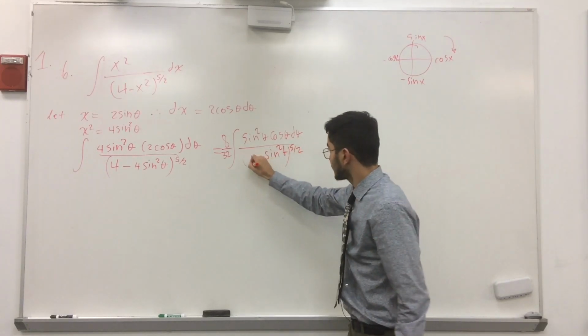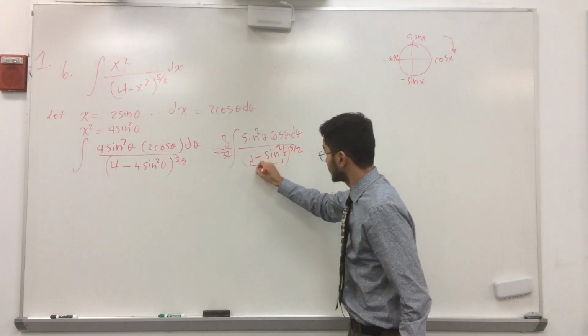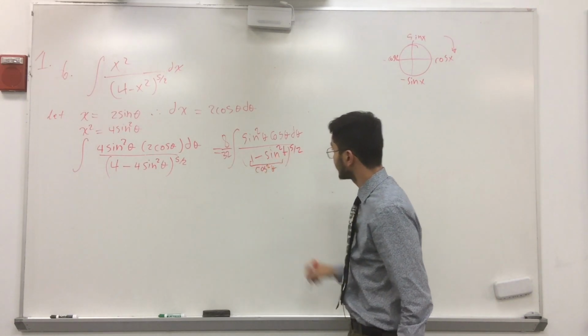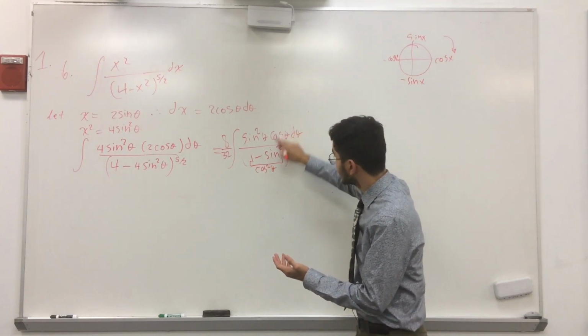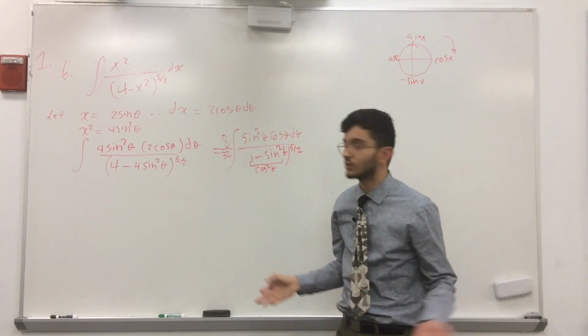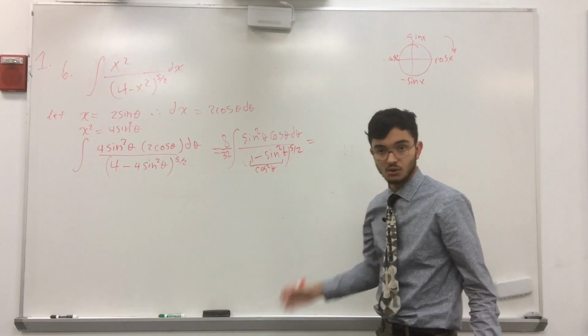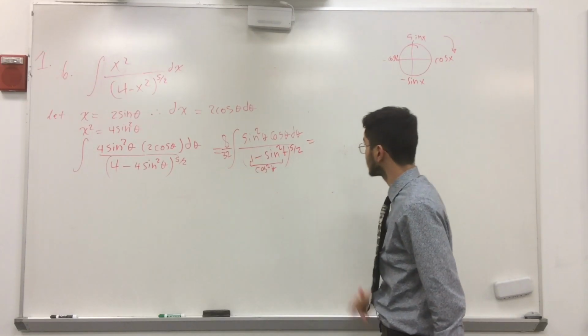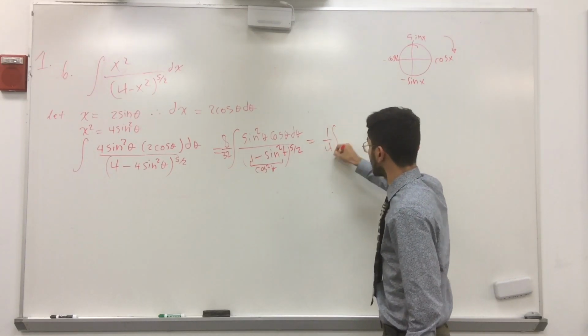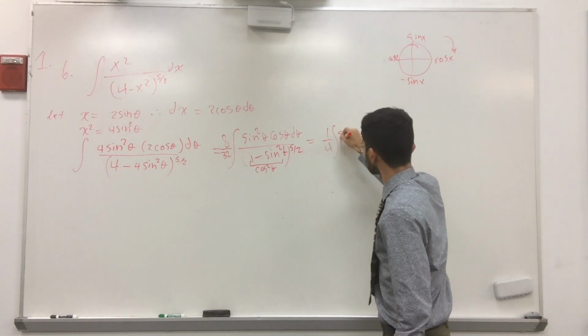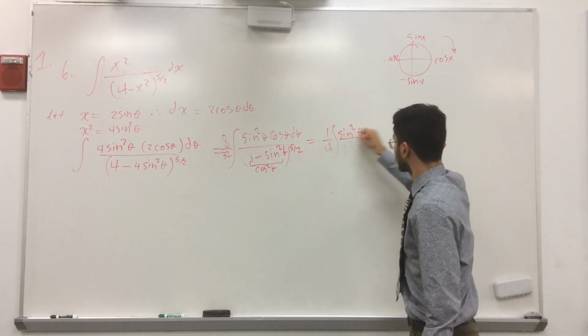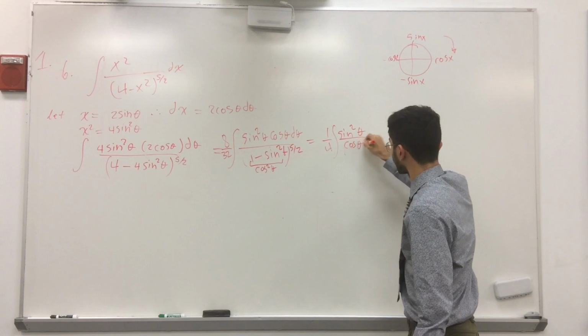This is going to become cosine squared theta. And look at that, cosine over cosine squared theta is just 1 over cosine theta. And of course, 8 over 32 is just 1/4, because 8 times 4 is 32. So it's 1/4 integral of sine squared theta divided by cosine theta d theta.